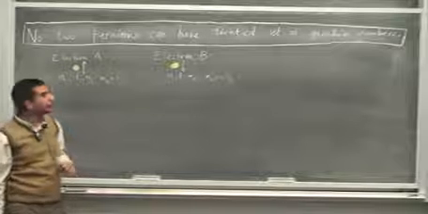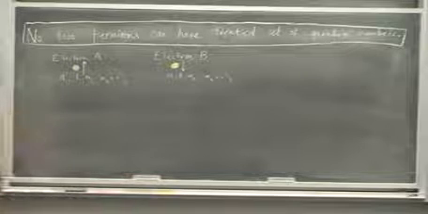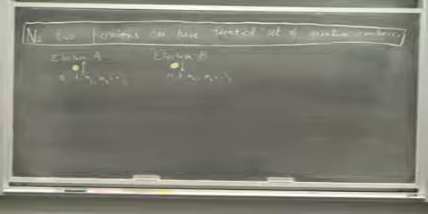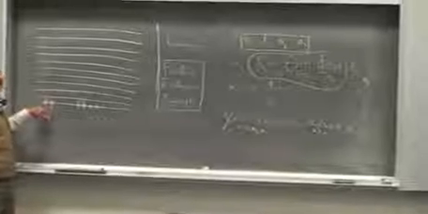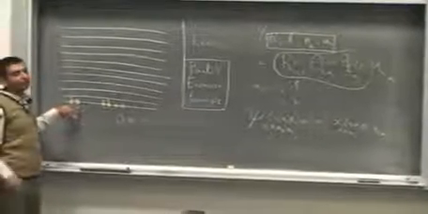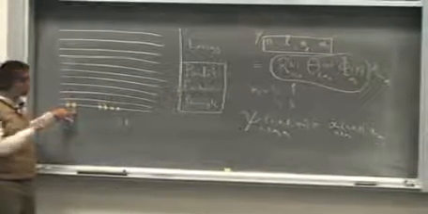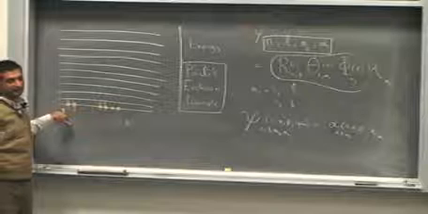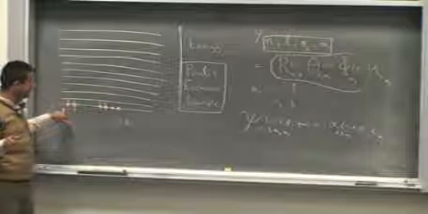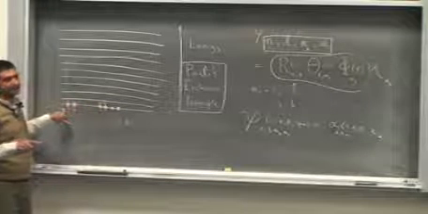So in a level, you can have at the most 2 electrons with the same energy, occupying the same energy level. They have identical values of the spatial part of the wave function, but they must have opposite spins. And you can only put 2 electrons inside the level.